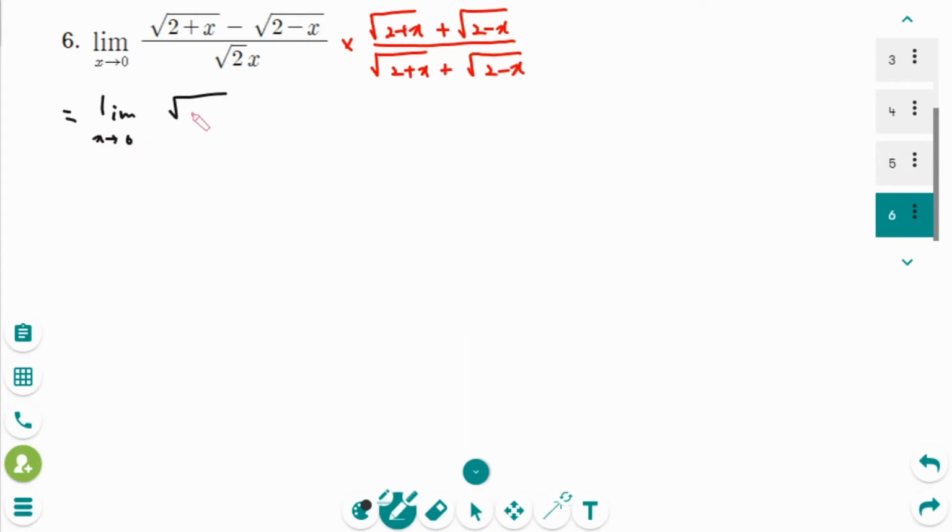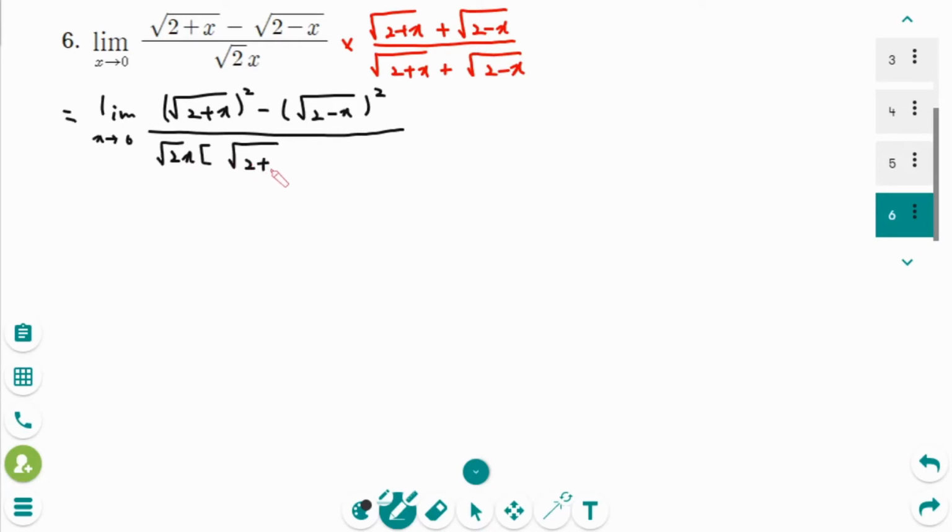So square root of 2 plus x squared minus square root of 2 minus x squared over, keep the denominator in the factored form, square root of 2x times square root of 2 plus x plus square root of 2 minus x.